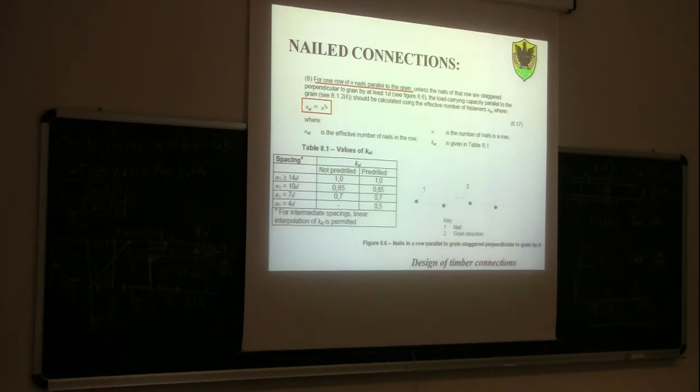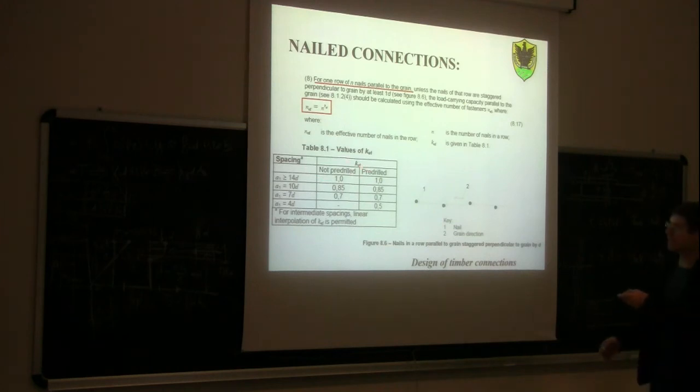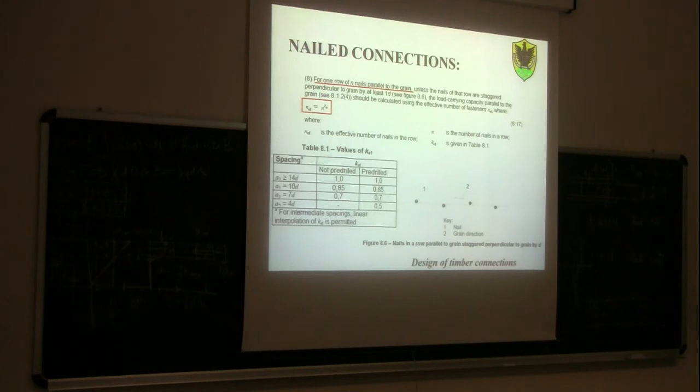The effective number of nails is n, the actual number of nails, to the power of k_ef. What is k_ef? It is an exponent whose value depends on the spacing of the nails. So you can see here that, for example, if I use non-pre-drilled nails, if the spacing between the nails is more than 14 diameters, then I have no interaction between the nails.